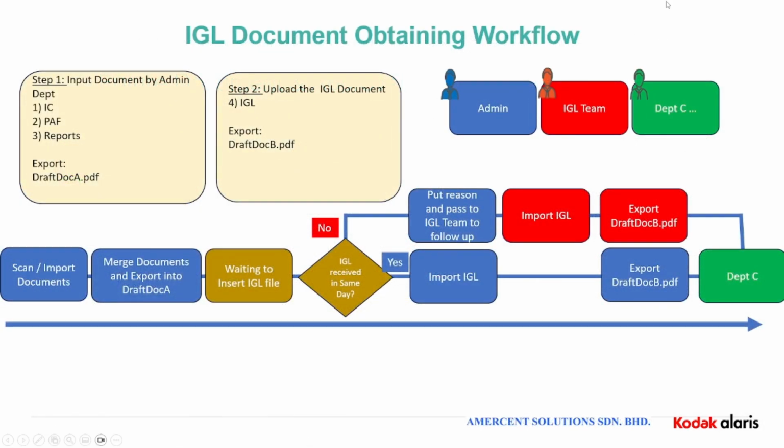This is the typical workflow in a hospital when they need to obtain the initial guarantee letters. To demonstrate today, we are putting three departments in this flow. The blue one represents the admin, the red one is the IGL team, and the green one is Department C. If you look at the flow here, in the first step, scan and import document, admin will be required to put in the three documents: the IC, the pre-authorization form and the report.